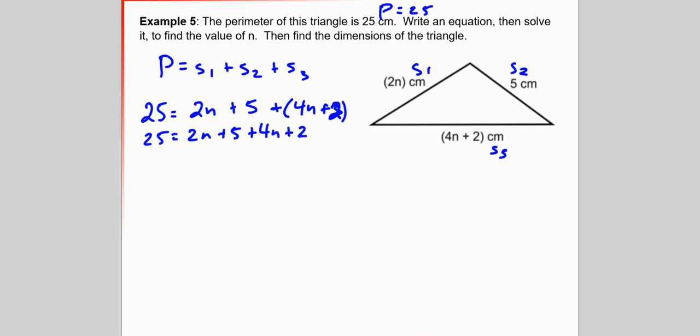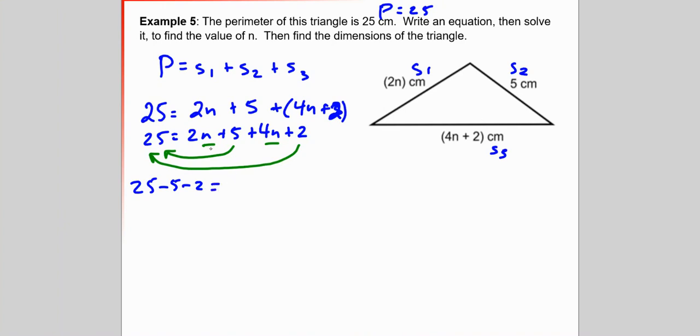All right. Well, we look for like terms. Those like terms are there. We might as well keep that on the right side. And then our 5 and our 2 can come over, and they'll switch signs. So 25 is already parked over there, minus the 5 because the plus becomes a negative, and the 2 becomes a negative.